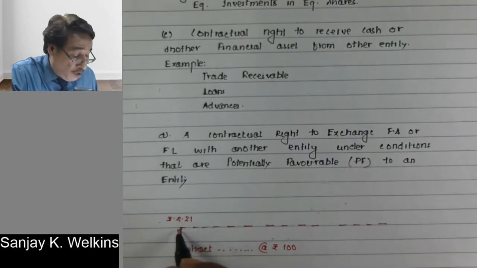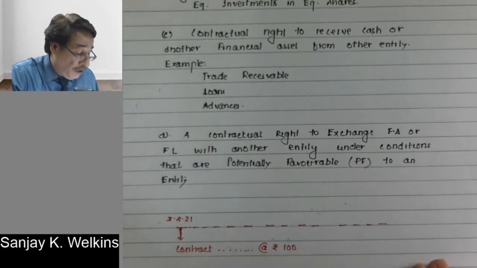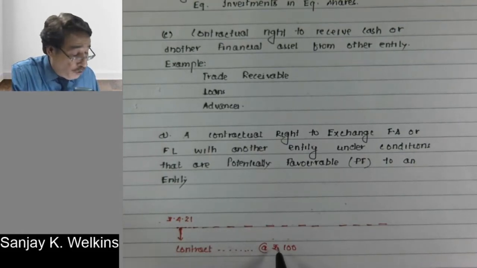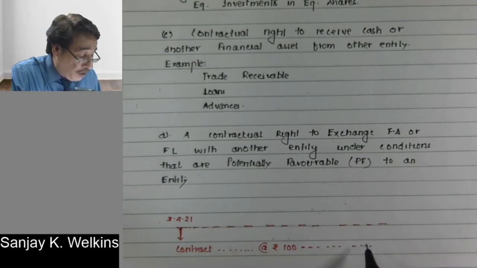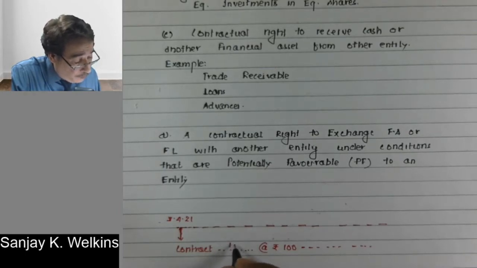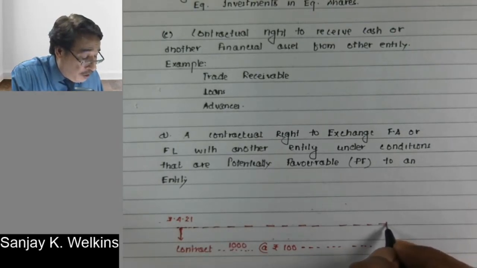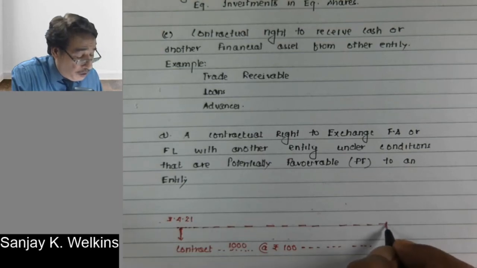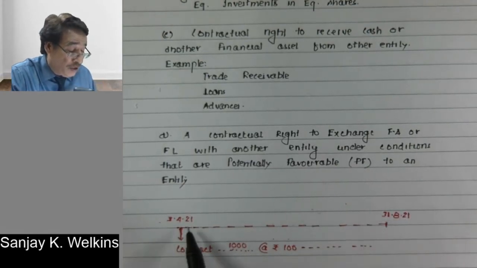I am going to buy 1000 shares from that party at the rate of 100 each, but I will buy them on 31st August 2021, after some time, correct?